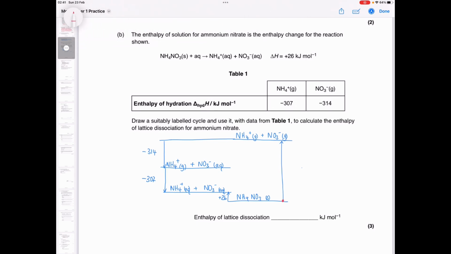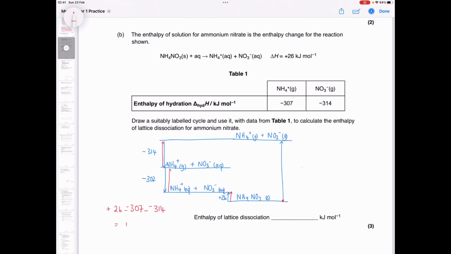So we're going to start here, and we're going to go in the same direction as that, so it's plus 26. I'm going to go opposite to that one, so it's minus 307, and then opposite to that one, so it's minus 314.